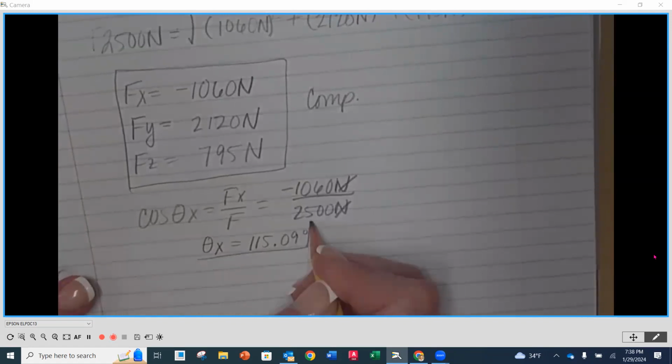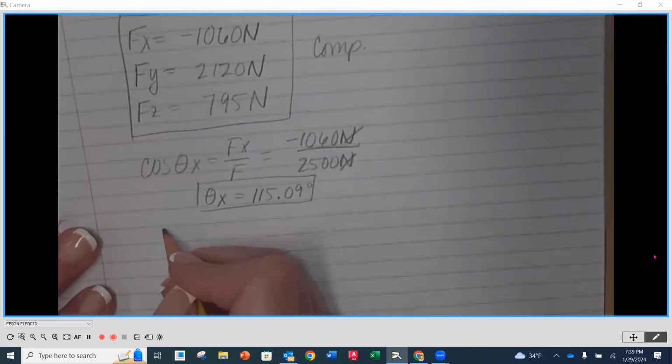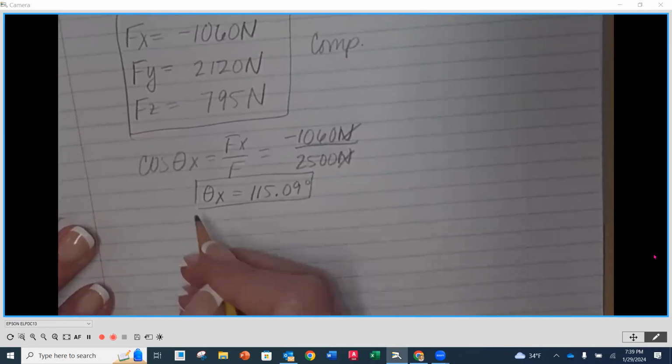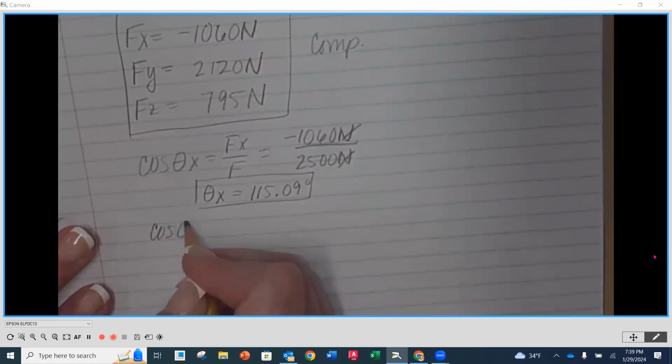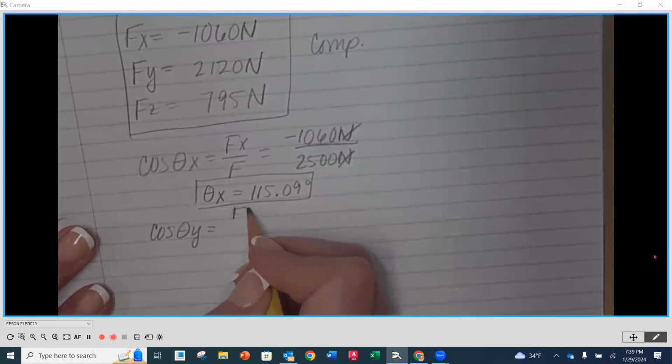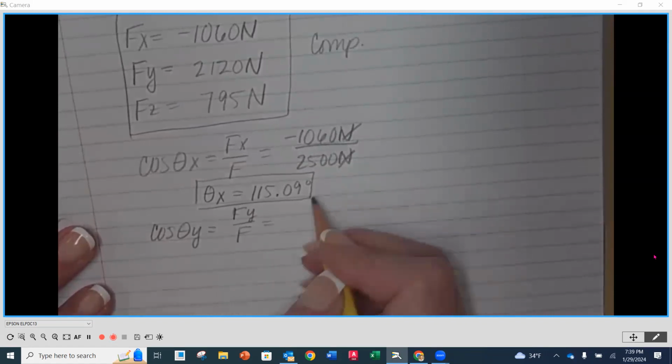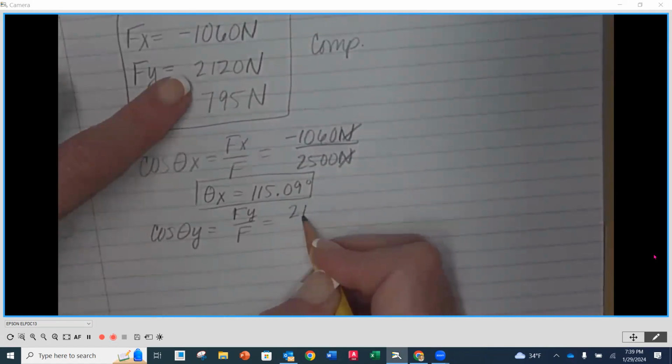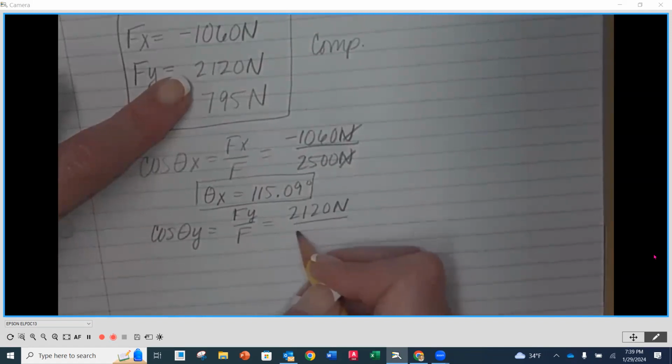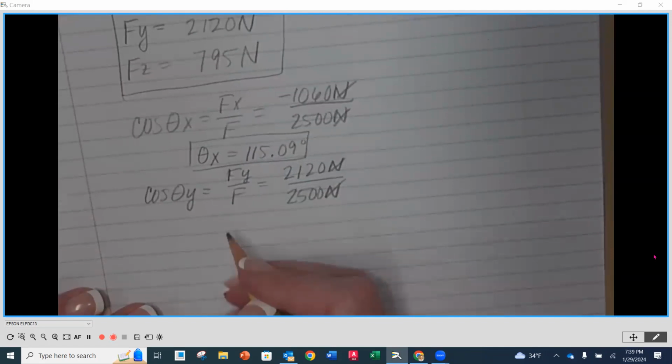115.09 degrees. Okay. Then we're going to do the same thing for the y. Cosine theta y, Fy over F. And our Fy is 2120 newtons over 2,500 newtons. Newtons cancel.